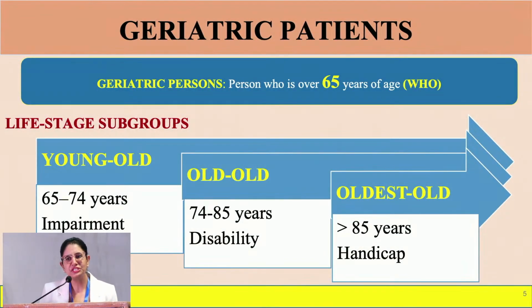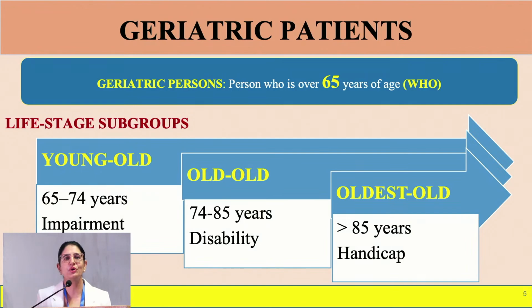So first we need to know who is a geriatric patient, or who is an old patient. Earlier, WHO said that anybody who is 60 years and above is a geriatric patient, but currently it is 65 plus years. Within the geriatric population, there are 3 subgroups. The young old, the term seems dichotomous and very surprising.